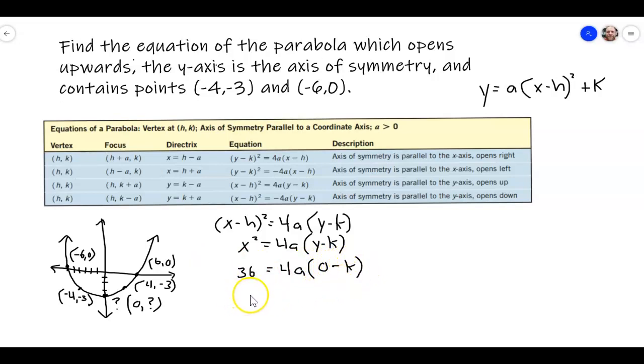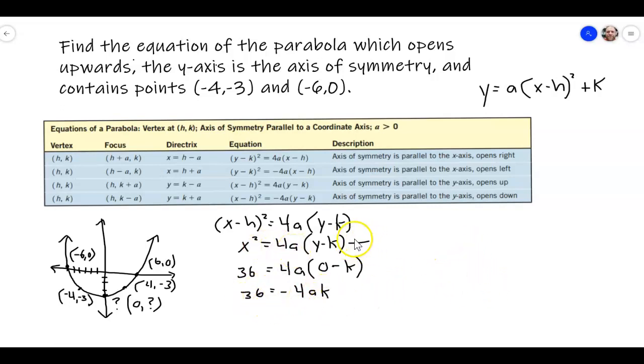And that's going to give me 36 is equal to -4ak. And I'm going to go ahead and stop there for now. I could solve for a, I could solve for k, but let's not worry about that yet until we see what the other equation looks like when we use the other point.